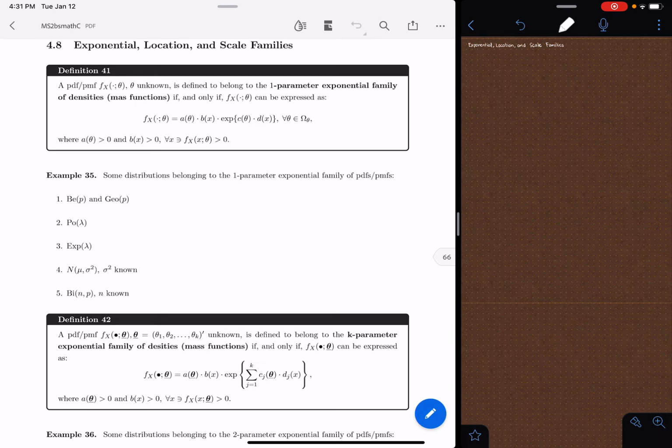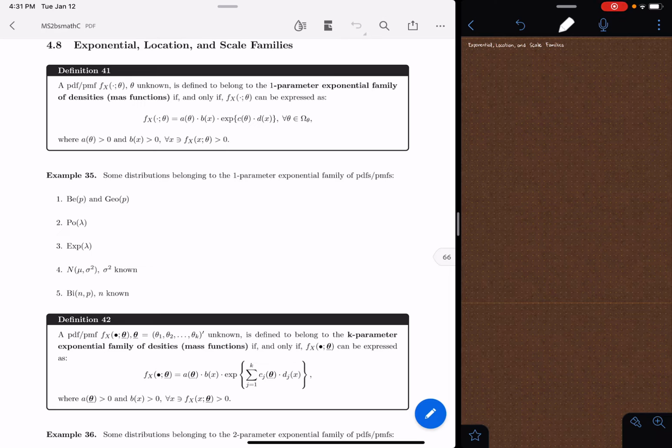Okay, so f sub x of x, theta is said to belong to the one parameter exponential family if and only if we can express that as follows. So we can write f sub x of x, theta as the product of a of theta, that's a function of the parameter theta alone.